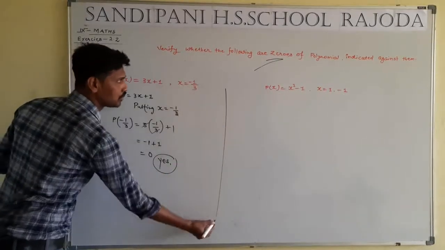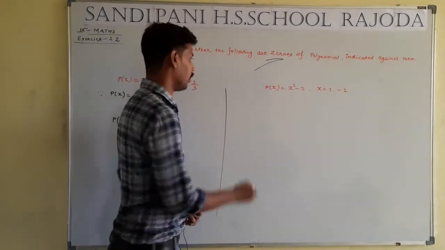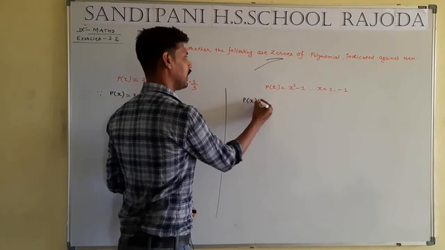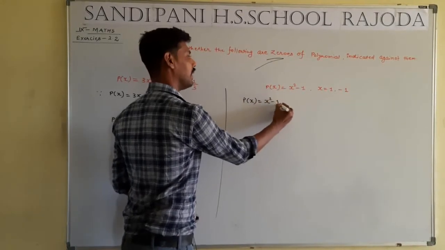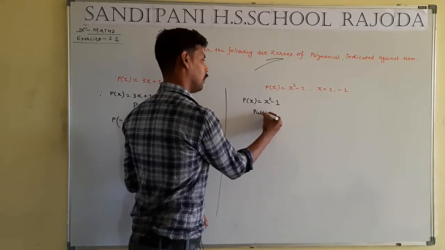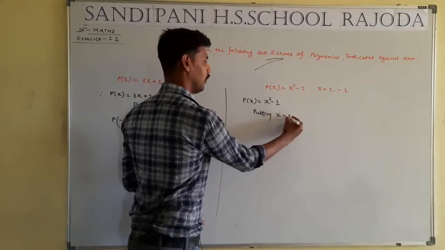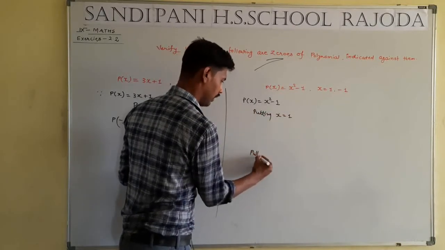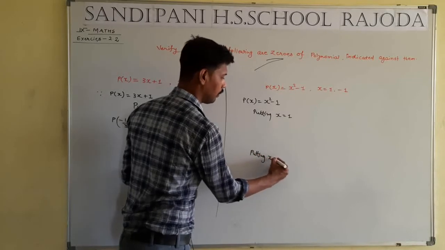Now next question, the given polynomial Px will be equal to x square minus 1. Student, now putting x equal to 1 and putting x equal to minus 1.